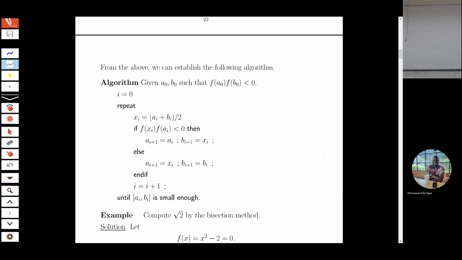In a computer, A and B have different signs if and only if the product of A and B is negative. If the product AB is positive, then A and B have the same sign.